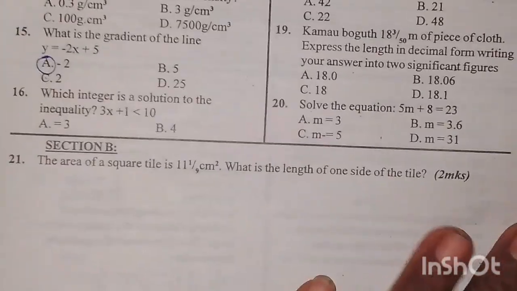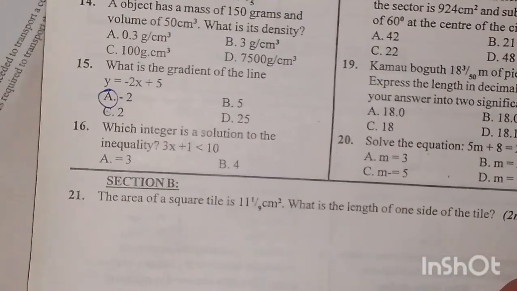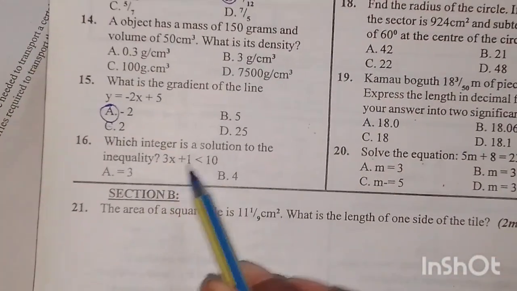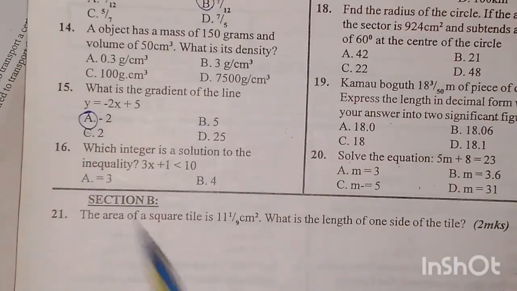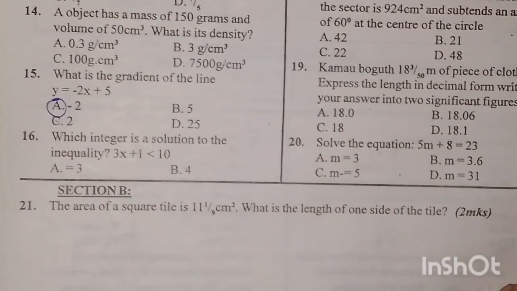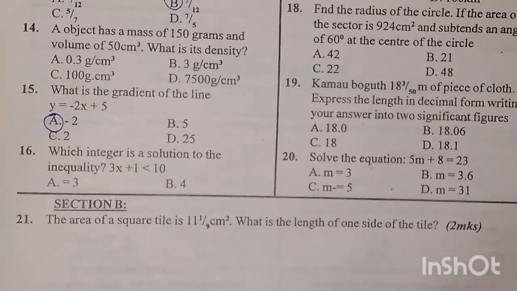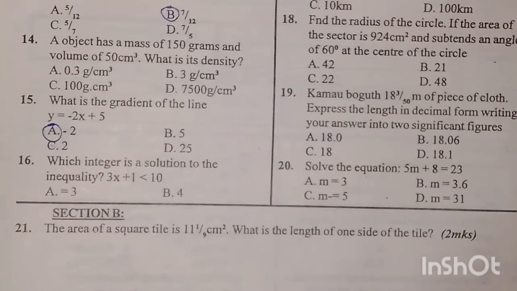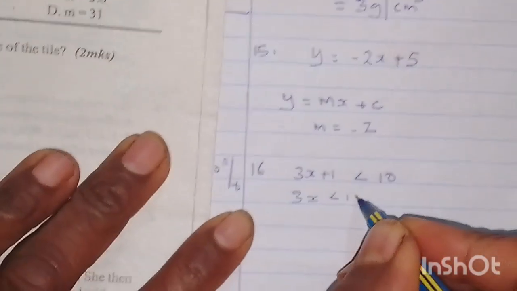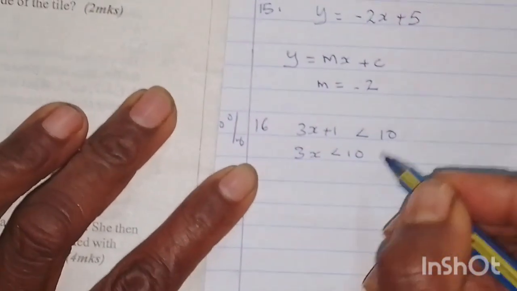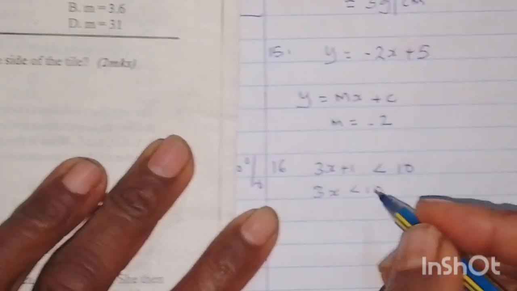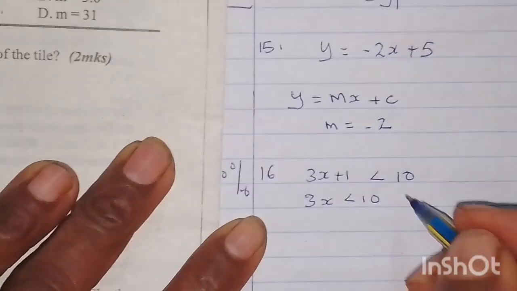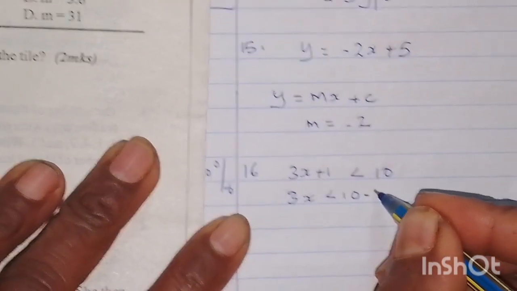Question number 16. Which integer is a solution to the inequality 3x plus 1 is less than 10? Now, like terms together, 3x is less than 10. Now, 1 taken to the other side of the inequality, you say minus 1.